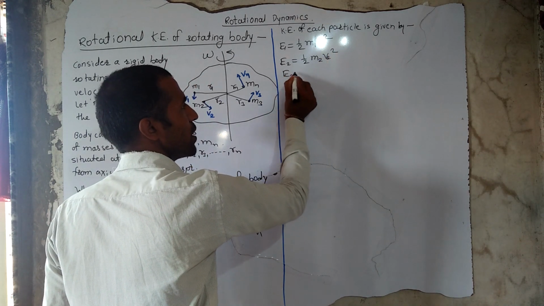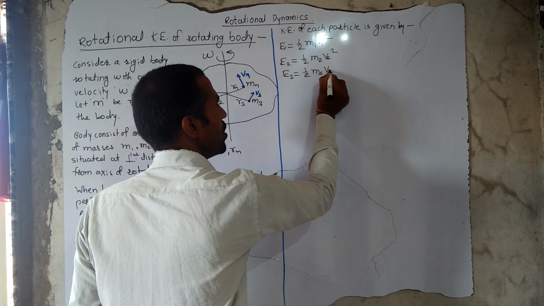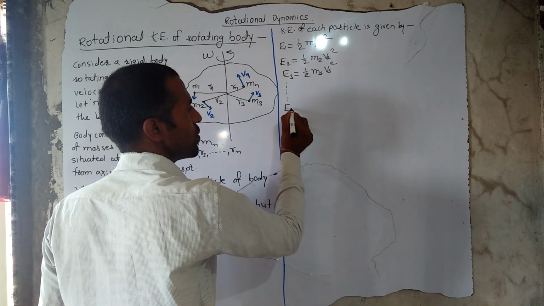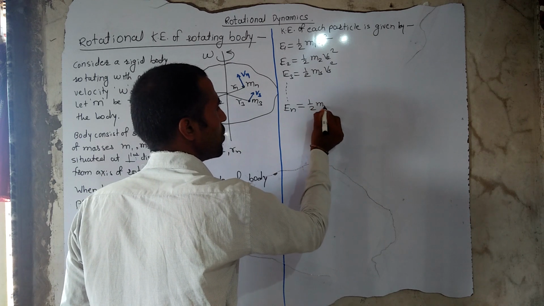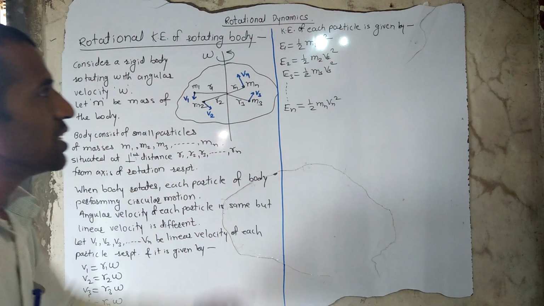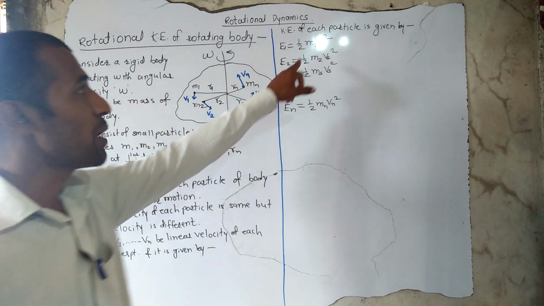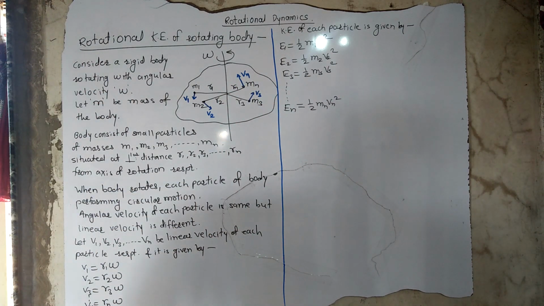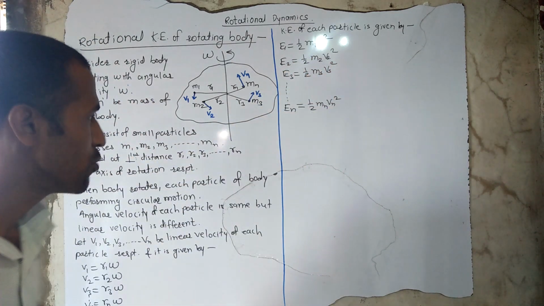The kinetic energy of the third particle, E3, is equal to half m3 v3 square. In this way, the kinetic energy of the last particle, that is the nth particle, is half mn vn square. This is the kinetic energy of each particle, where each particle has linear velocities v1, v2, v3 to vn.